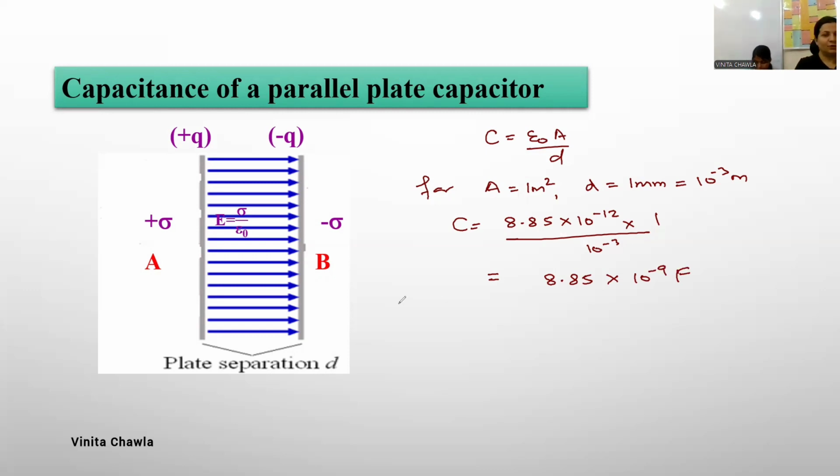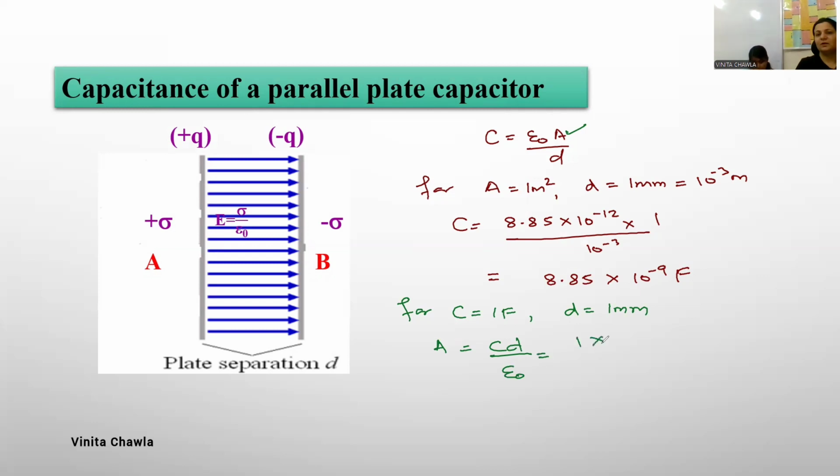And if C is 1 farad and D is 1 millimeter, then we can find area. How will you find area? If C and D are given, we can easily find area using the same relation. So A is CD upon epsilon naught. Now put the values.